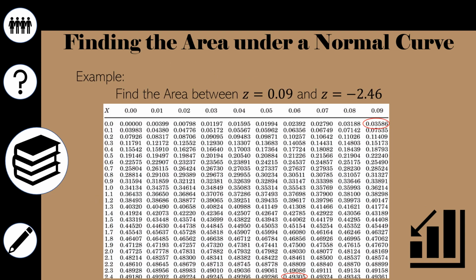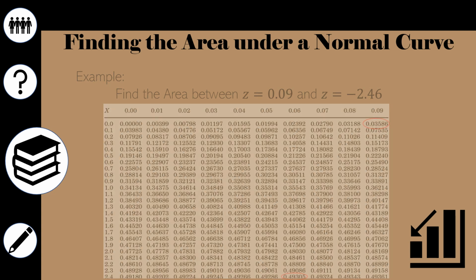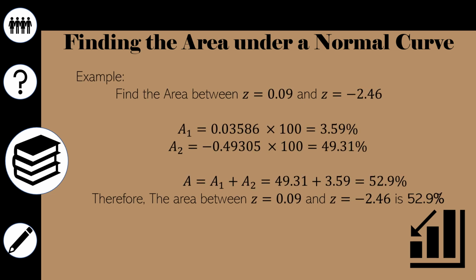And with this is the same. Like for example, 0.09 and negative 2.46. We do this exact same thing, but instead of subtraction, it's addition. Why? Because a sub 1 is here and a sub 2 is here.